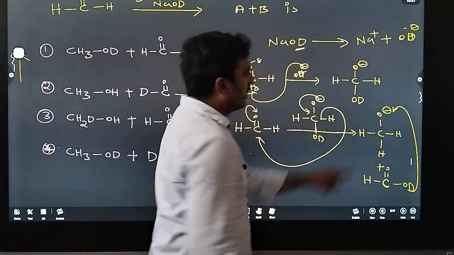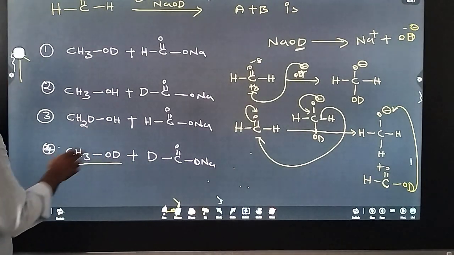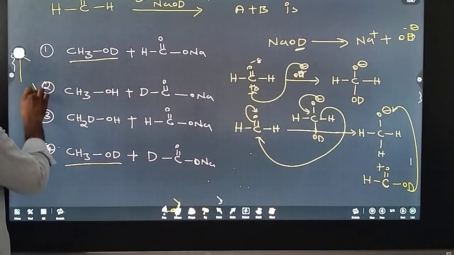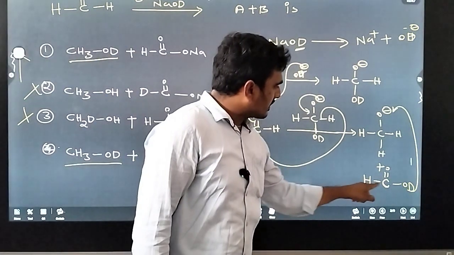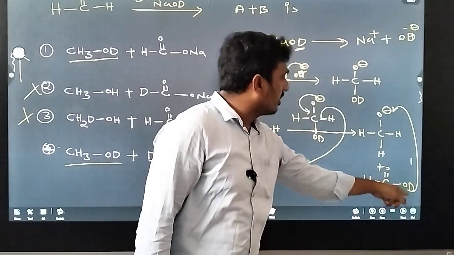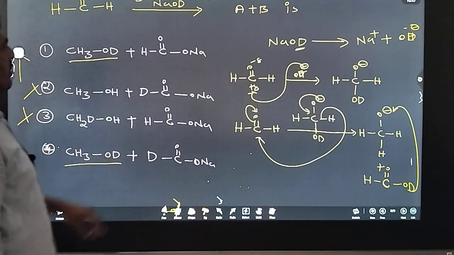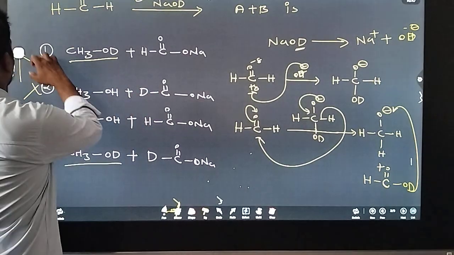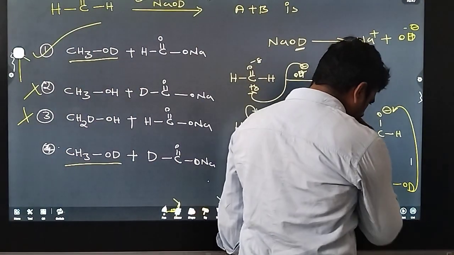So we get CH3OD. Here the remaining part, HC double bond O minus, with Na plus attacks here. So we get HCOONa and CH3OD. The first option is the correct one.